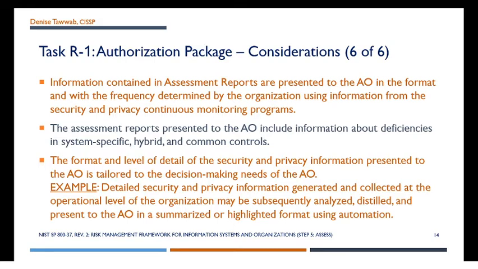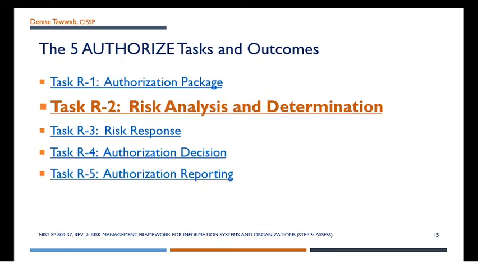The format and the level of detail of the security and privacy information presented is tailored to the decision-making needs of the authorizing official. For example, detailed security and privacy information generated and collected at the operational level of the organization may be subsequently analyzed, distilled, and presented to the authorizing official in a summarized or highlighted format using automation. So that's what we mean. So that's task R1, the authorization package.